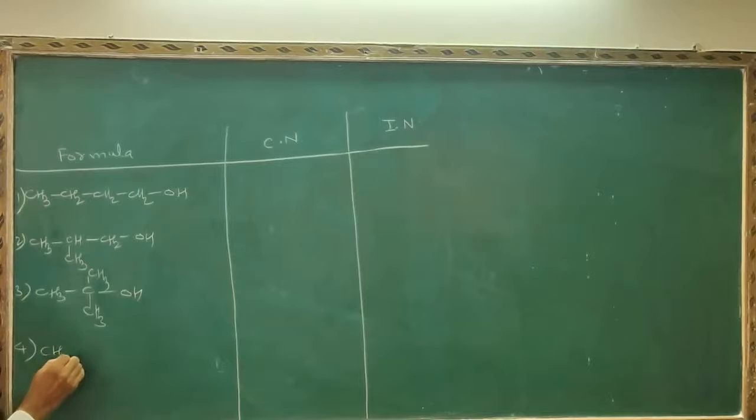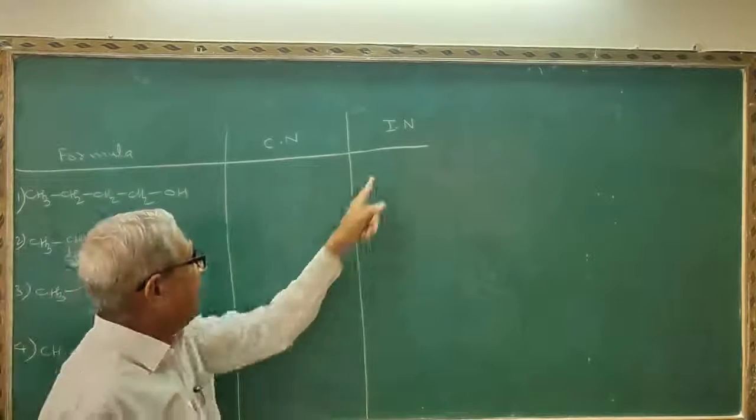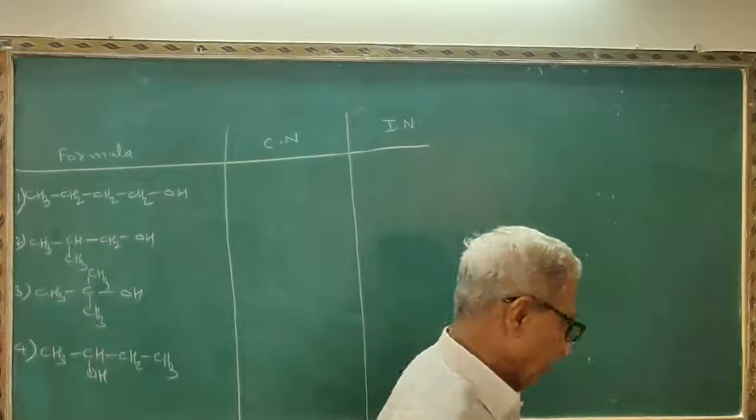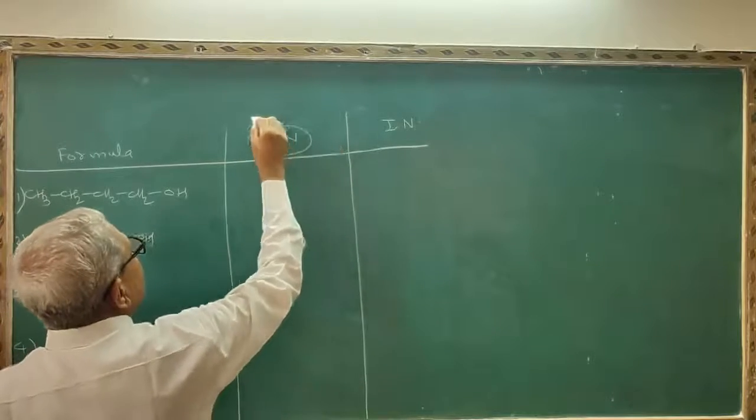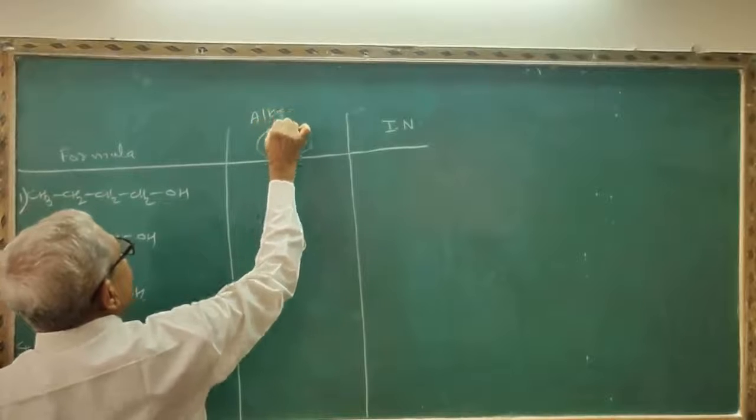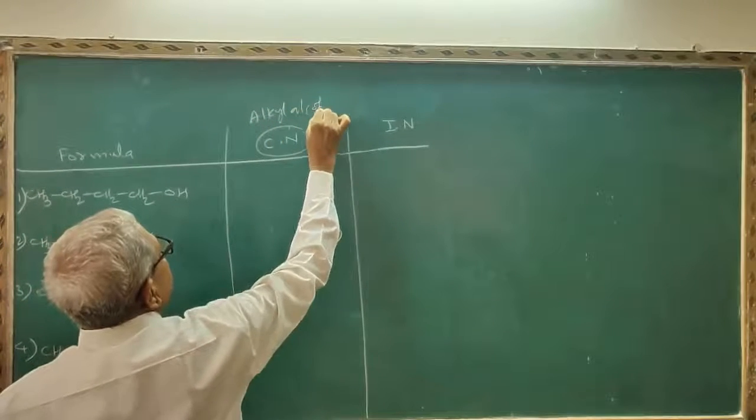Fourth example: CH3, CH, OH, CH2, CH3. You have to write here the common name as well as the IUPAC name. You know the common name of the alcohol is alkyl alcohol. I will explain this one.